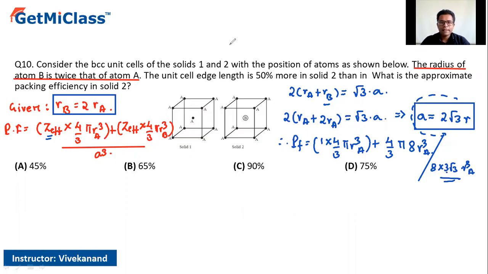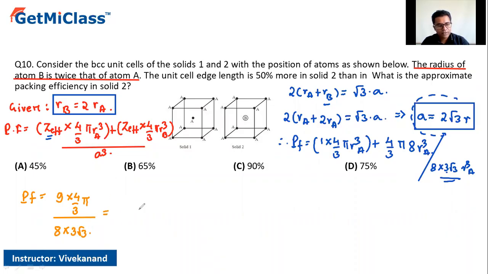Now let's proceed further. Upon calculating the packing efficiency, it is going to give 9 into 4/3 pi, the whole thing divided by 8 into 3 into root 3, as we have already seen.